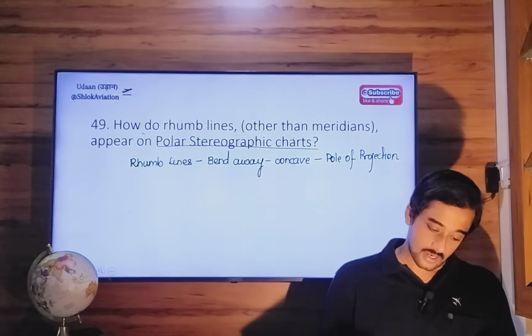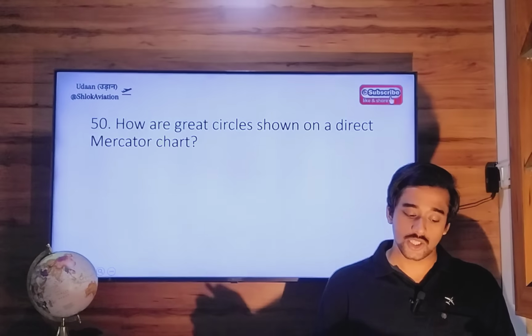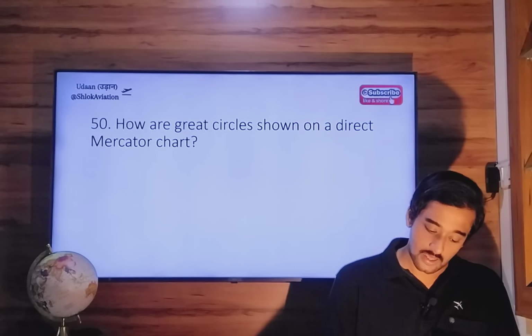Next. How are great circles shown on a direct Mercator chart?